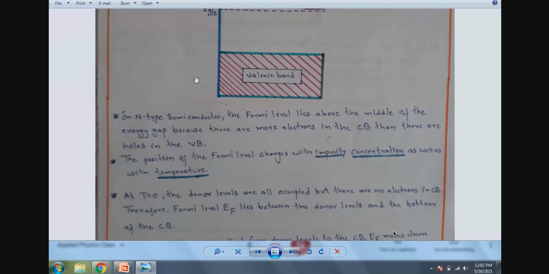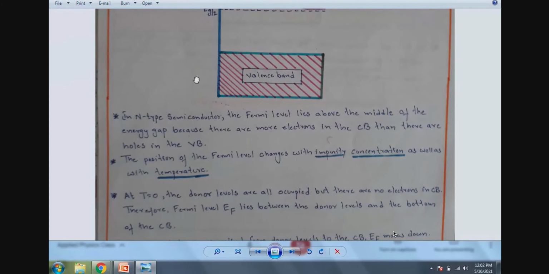Here at 0 Kelvin, all the electrons which are present go to the acceptor level. Further increasing the temperature, half of the acceptor atoms go to the conduction band, and it reaches this point.